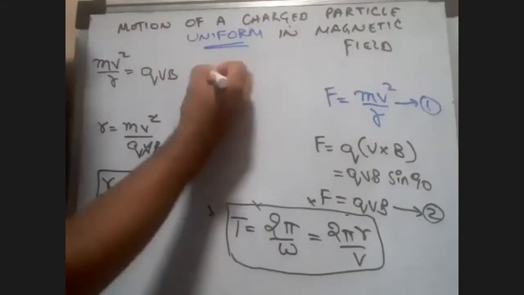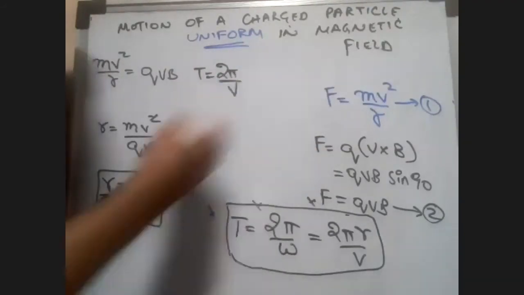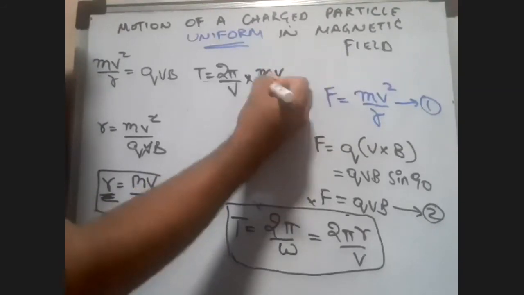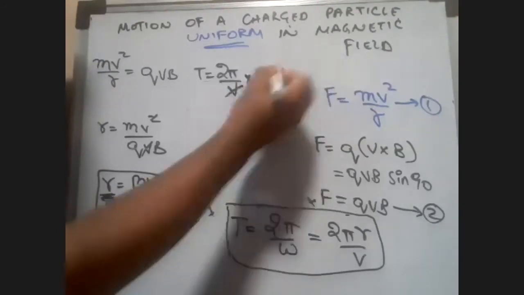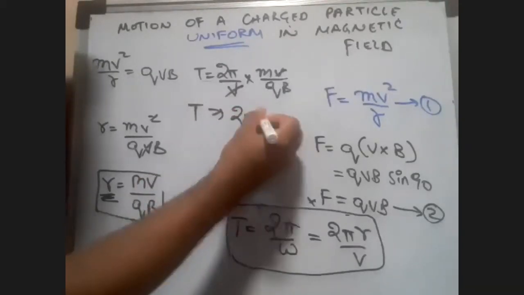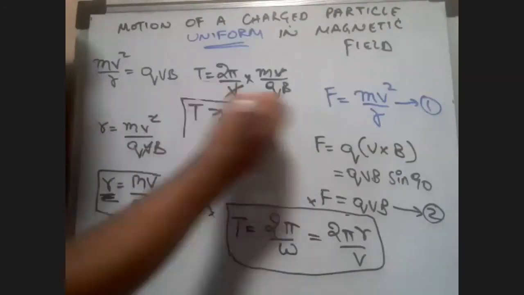T is going to be equal to 2 pi by v. Keep the value of r, that is mv upon qb, and so you can see v and v get cut. So T is equal to 2 pi m upon qb.